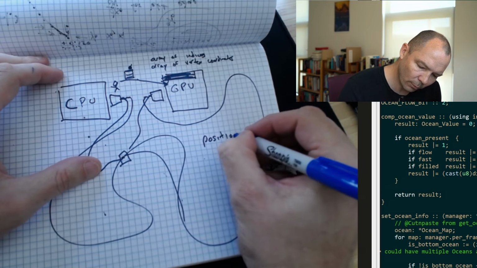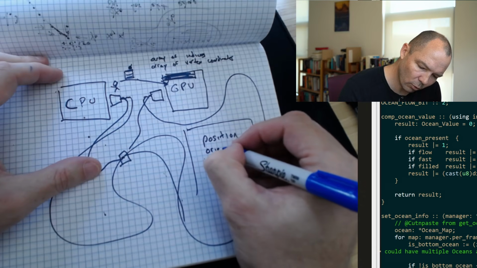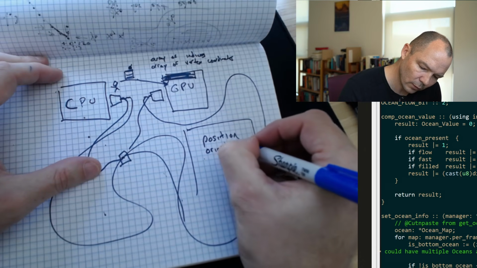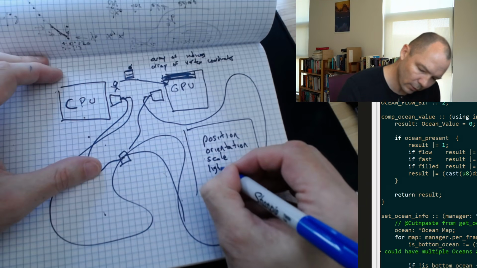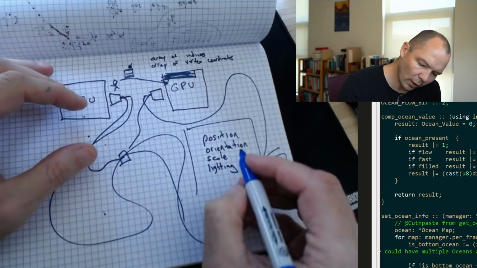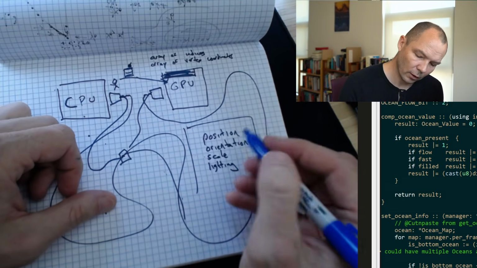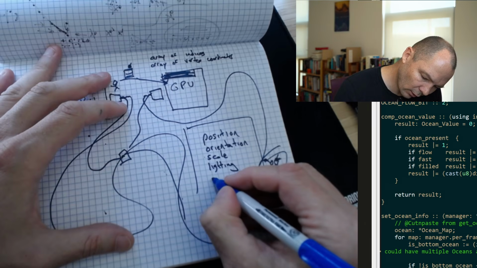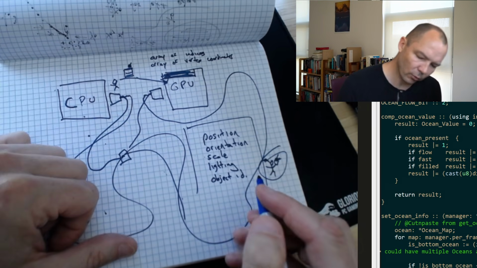I'm going to tell you about the orientation, like how is it rotated? Maybe the scale, maybe the lighting on it. Whatever other tweakable shader parameters, I'm going to tell you those. And let's just say the object ID of the thing that we're actually rendering.